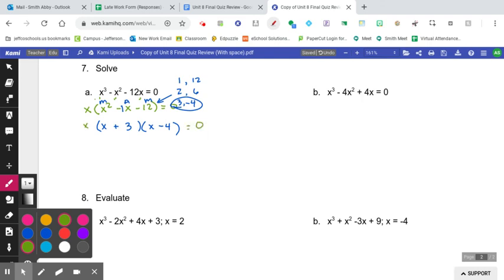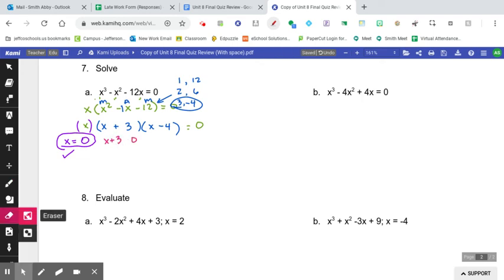Now, I'm basically going to set each of these parentheses equal to 0. This guy technically is in a parentheses by itself. So the first step could be x equals 0. Well, cool. That's an answer. My next one, I could have x plus 3 equals 0. That looks like a z. Let me fix that. So I could subtract 3 on both sides to get x equals -3.